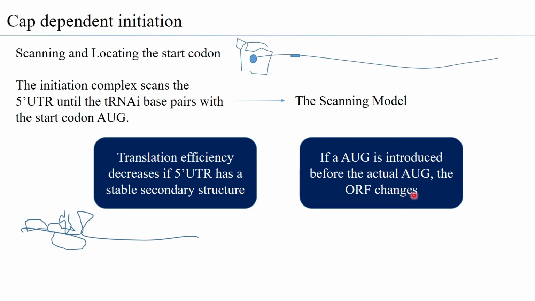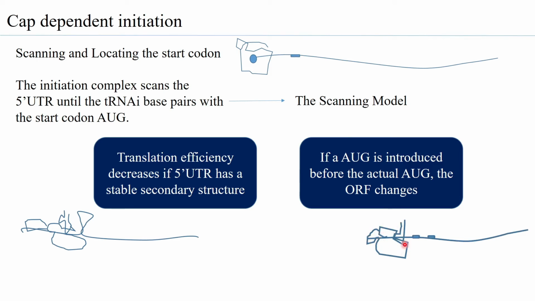So you may understand that the ORF changes. If this is the AUG and you have an AUG added in the 5' UTR region, that AUG is being identified because the 43S complex is scanning. So this is what is understood.